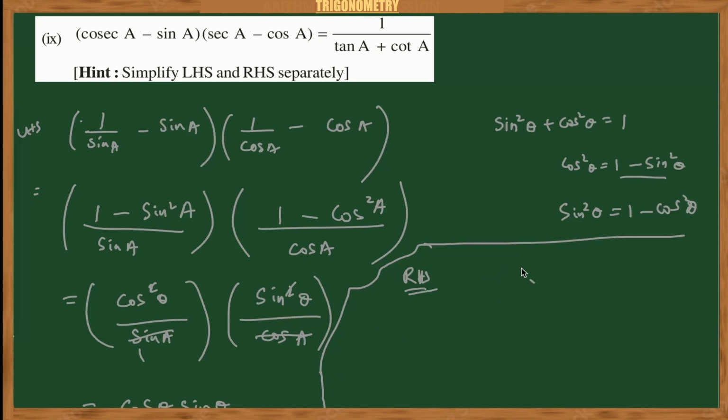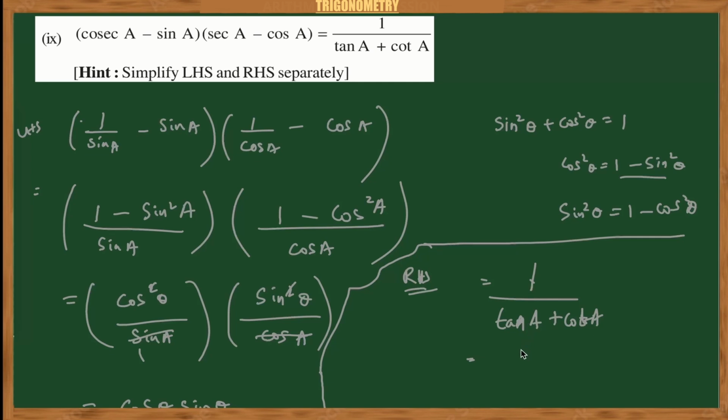So let's take the right hand side, 1 by tan A plus cot A. What we usually do is divide it into sin and cos.